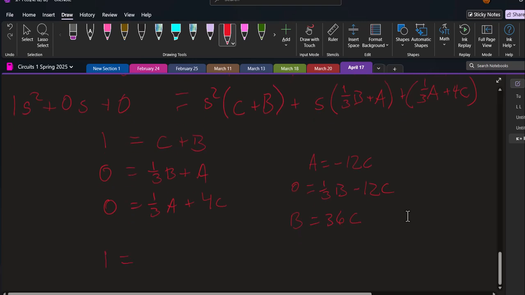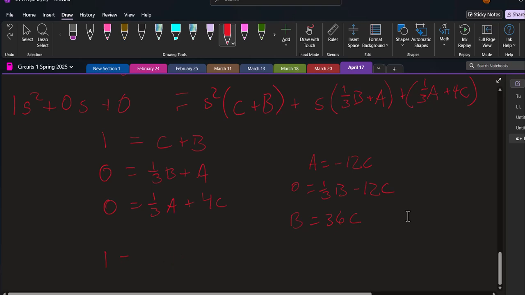So 1 equals c plus 36c, so c equals 1/37. I was expecting nicer numbers. I got something different. Let me try.